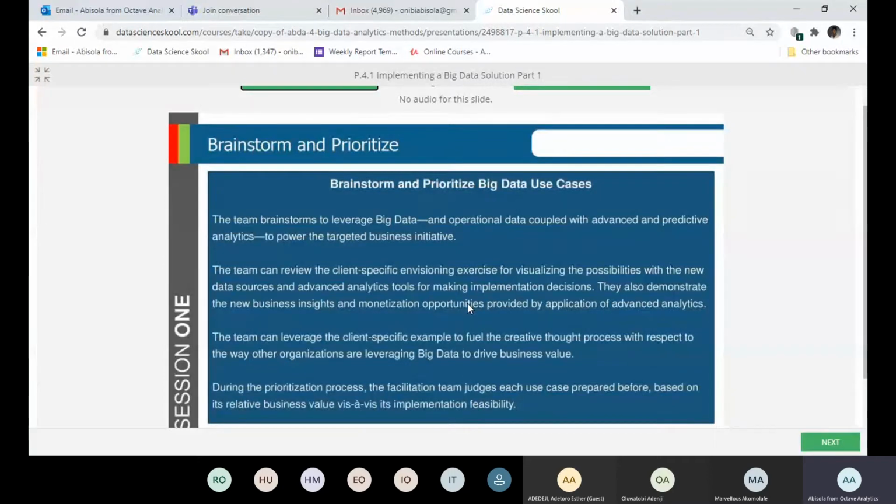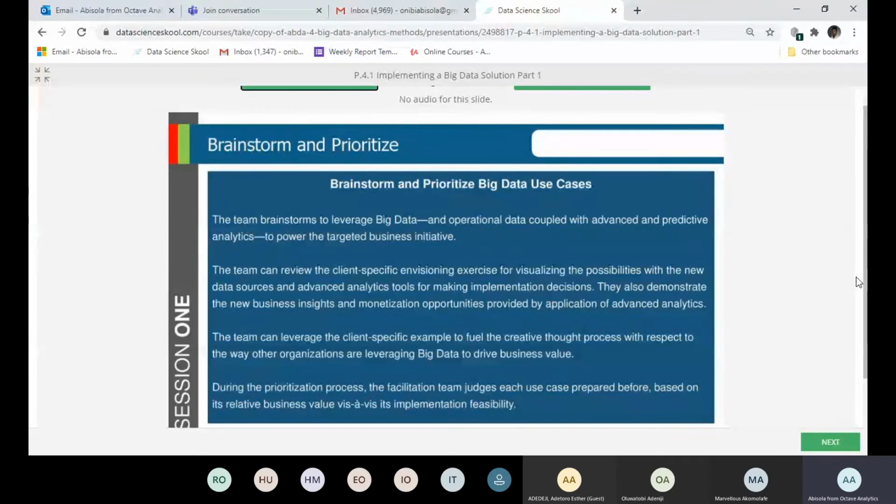So you've gotten some information from these business people. So you're trying to brainstorm to see that, okay, what are the things we can now do? What are the new things we can create that can drive monetization opportunities, that can bring more value to the company?